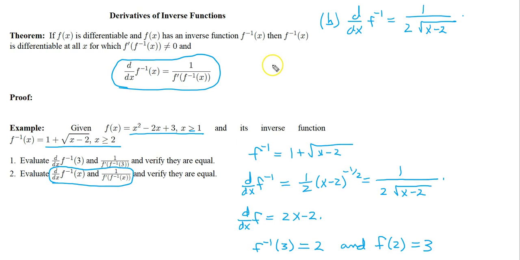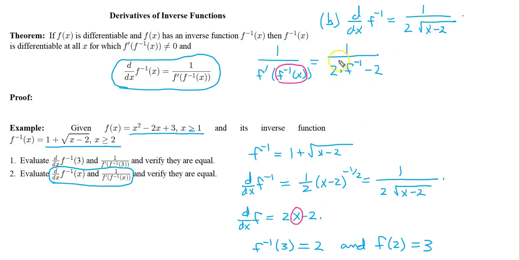So f prime, or 1 over, well, let's see, f prime is 2x minus 2, so this is going to be 2 times f inverse minus 2. You see I just substituted this piece right here in for the x down here.